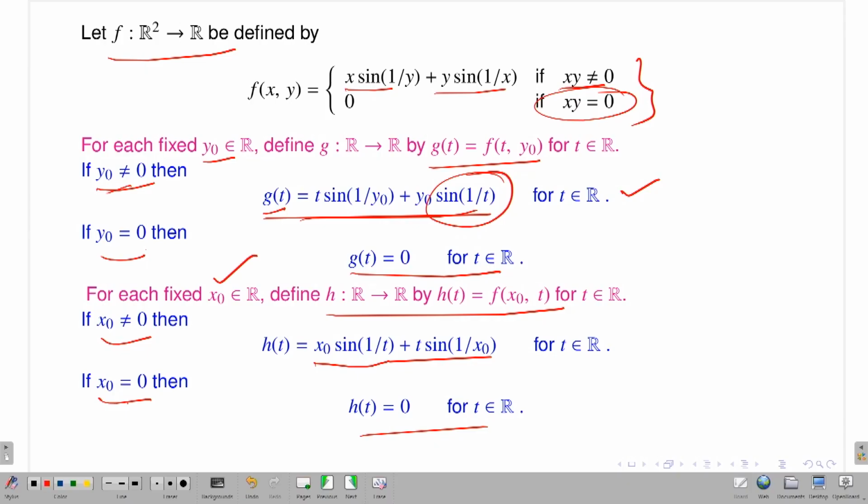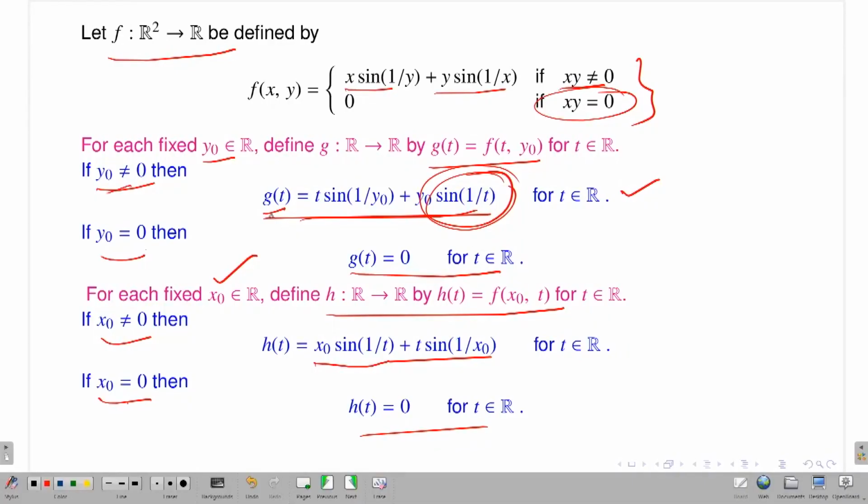I already discussed a similar argument in my last slides: if a function has a sin of 1 by x term, it is not continuous. You can use the sequential criterion and show that this is a discontinuous function. So since sin 1 by t is involved in g, it is not continuous. Similarly, sin 1 by t is involved in h of t, so this is not a continuous function.